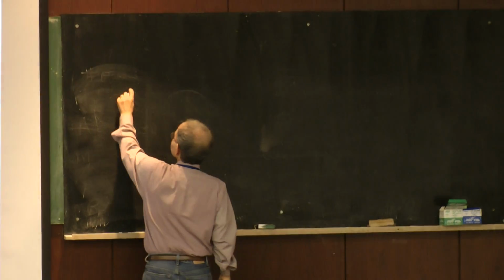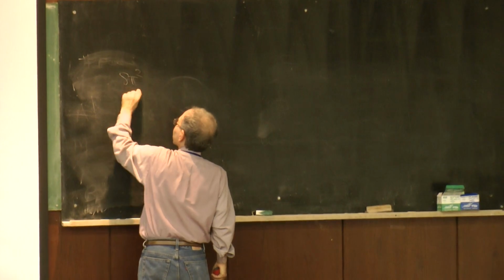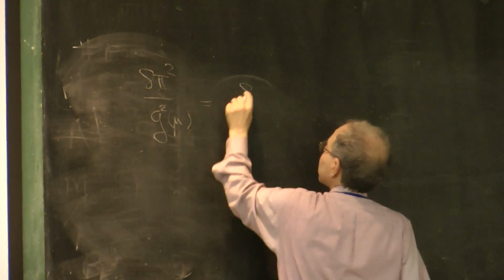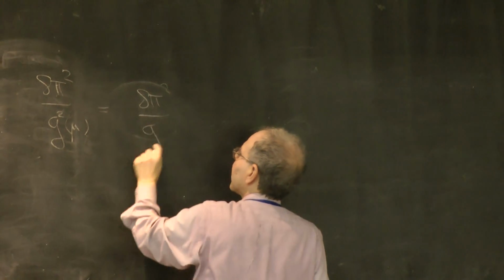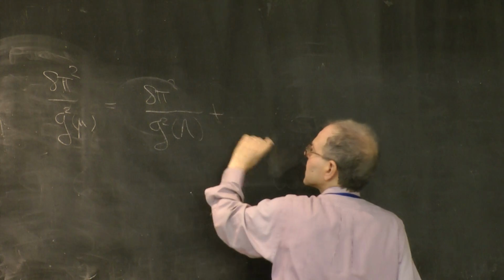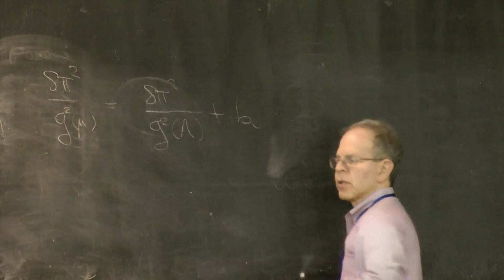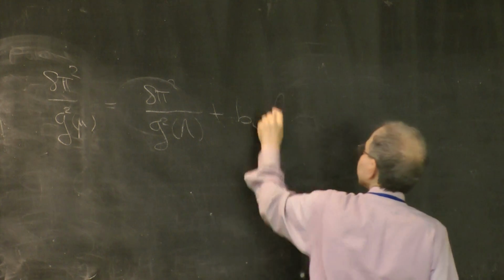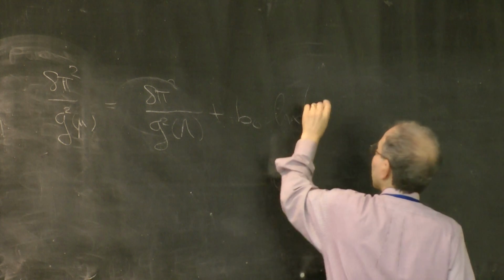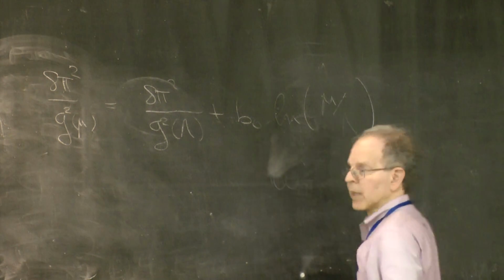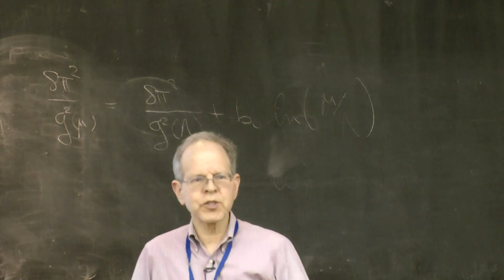I like to write 8 pi squared over G squared at some scale mu equal to 8 pi squared over G squared at some scale lambda plus B naught, the lowest order coefficient of the beta function, times log of mu over lambda. So that's the lowest order solution.